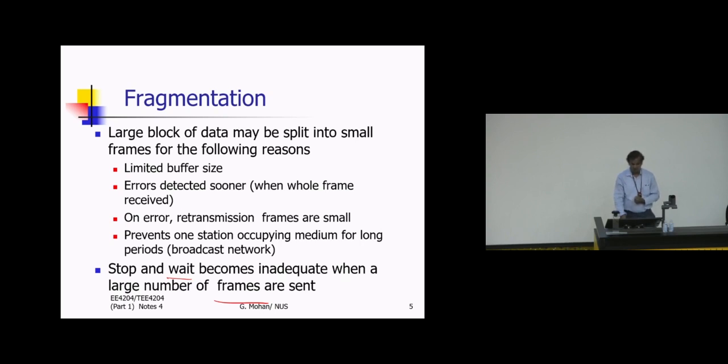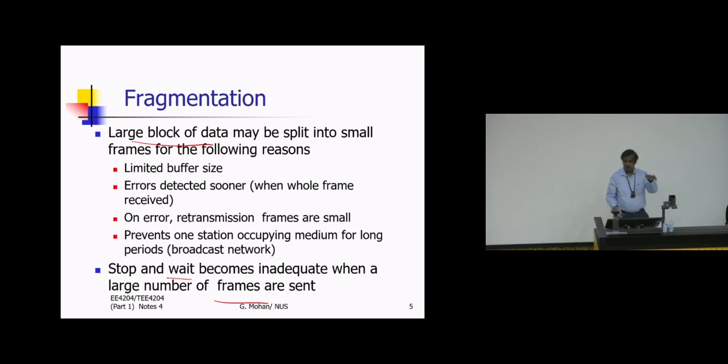Then why do we sometimes need to send a large number of frames? For that, we need to answer this question. As I have been telling from the beginning, data is not generally sent as a single piece of payload, a single piece of data or packet. Usually a large message is sent divided into a number of small packets.